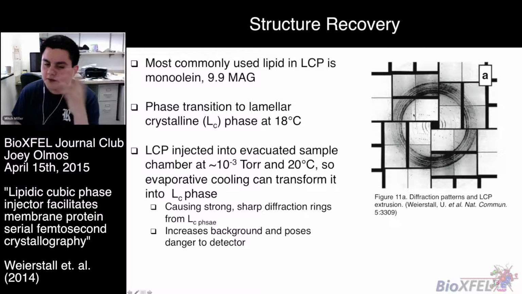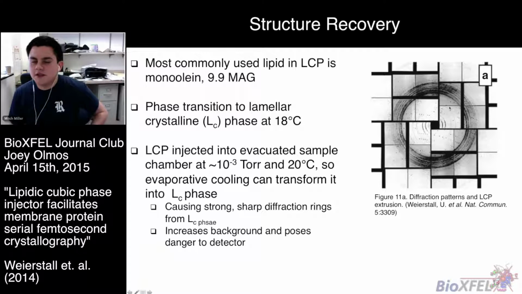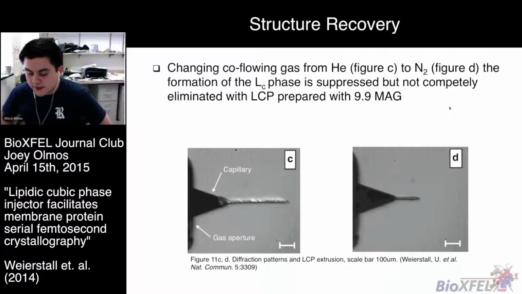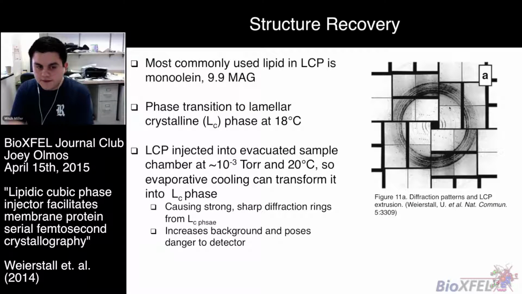It increases your background, and it poses a danger to the detector. They did mention that they were able to attenuate the laser and collect diffraction up to like 2.5 angstroms, but instead they decided to do some things to circumvent that phase change.